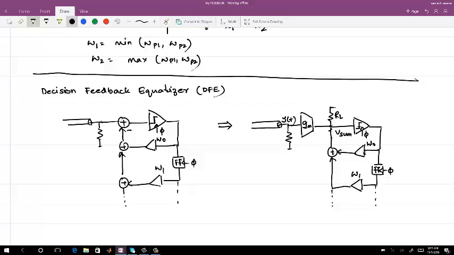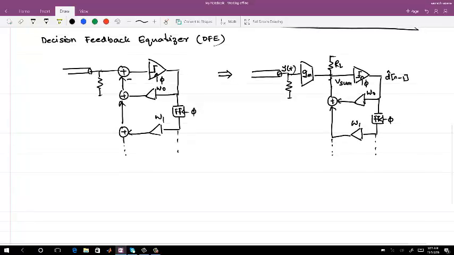So this is the simplest implementation where the input v of t is converted to a current, pumping the current into the load resistance. Whatever bit you have decided, this bit is the estimated D of n-1, that bit adds a current into the load, and similarly the bits are delayed to cancel the post-cursor ISI.